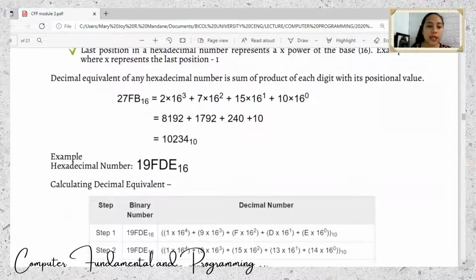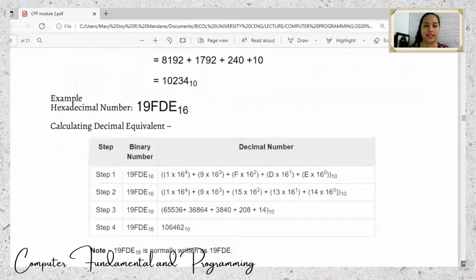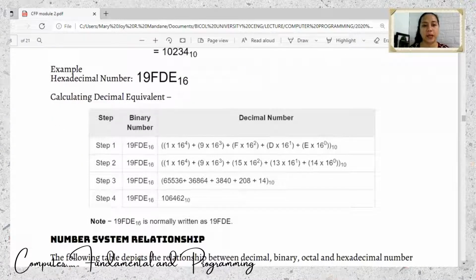Okay. So for example, the hexadecimal number 19FDE base 16. Let's also convert it to decimal. So 1 times 16 raised to 4, plus 9 times 16 raised to 3, plus F times 16 raised to 2, plus D times 16 raised to 1, plus E times 16 raised to 0.